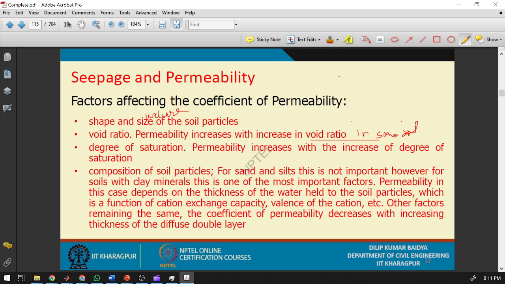Is this correct? Is this correct? Permeability increases with increase in degree of saturation. Okay.